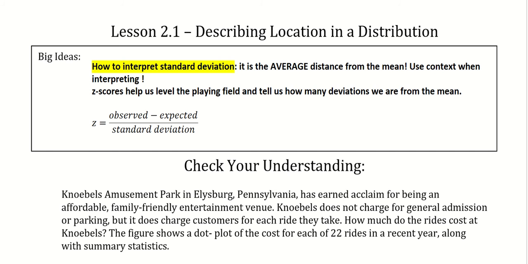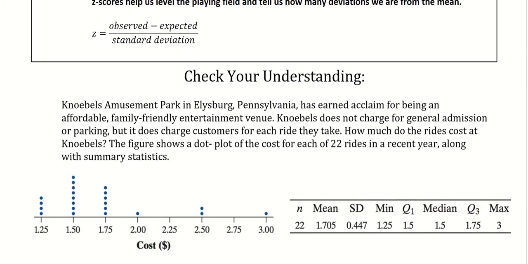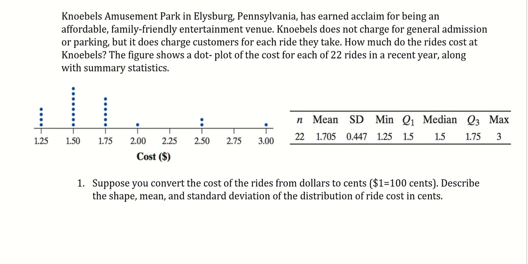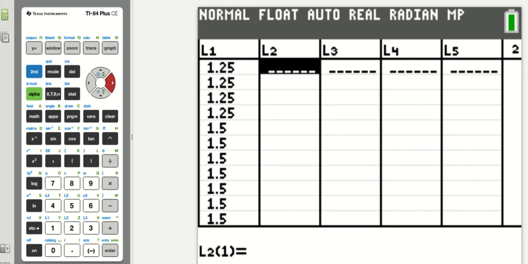What I want to do now, though, is take a quick look, well, as quick as we can, at this problem at Knoebels Amusement Park in Pennsylvania. We have the prices of some rides. It's plotted there. And what I did is I went to my graphing calculator and I actually plotted this data in my calculator.